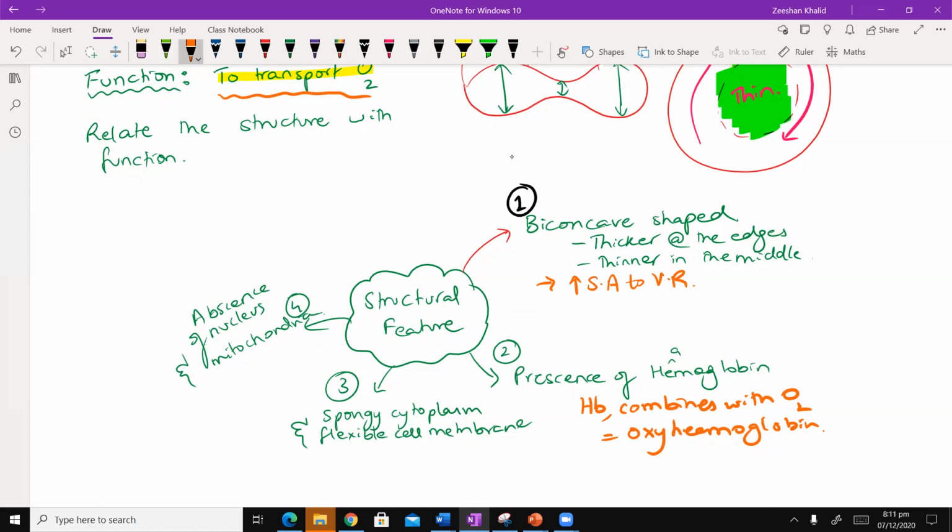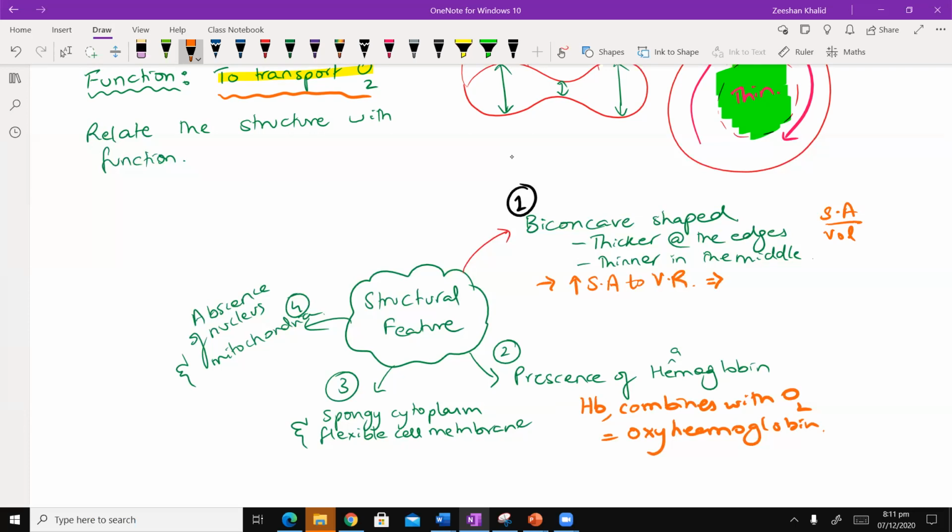If I'm just talking about the surface area, that is just the surface area. Surface area to volume ratio means you are calculating the surface area of that figure, and you are calculating the volume, and you are dividing the surface area by the volume. So biconcave shape increases the surface area to volume ratio, but that does not complete the answer.